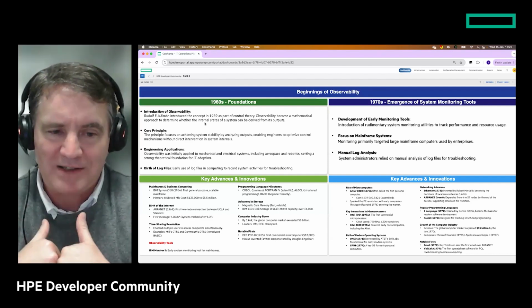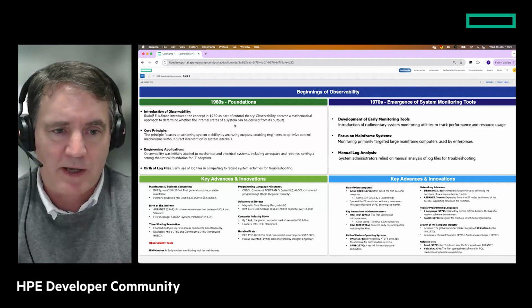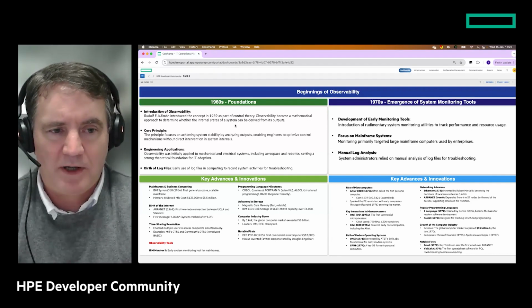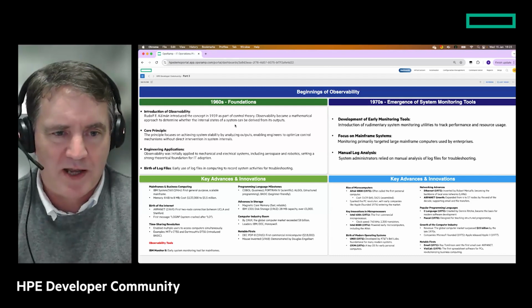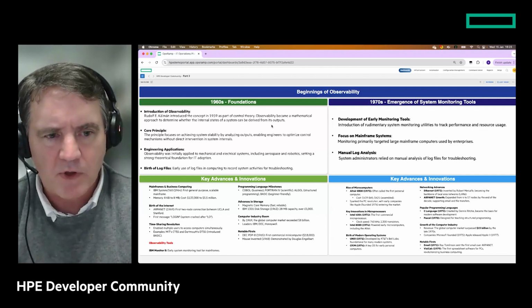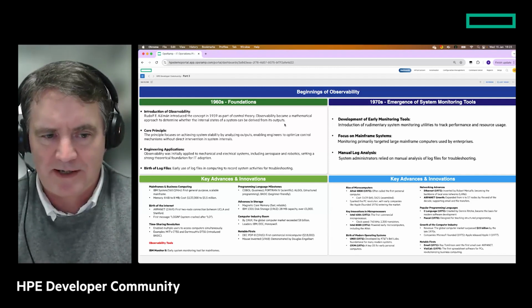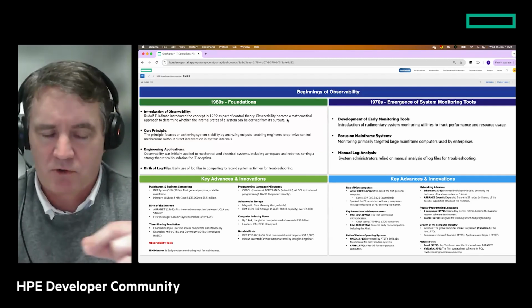Obviously, the practicalities of it today are very different, but the concept remains the same. We want to understand what's going on in our systems, but the only way to do that effectively is to analyze the output. There's an acronym for this called MELT: metrics, logs, traces.